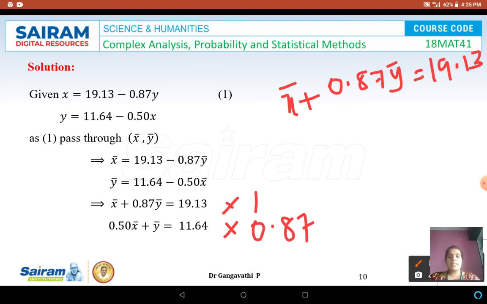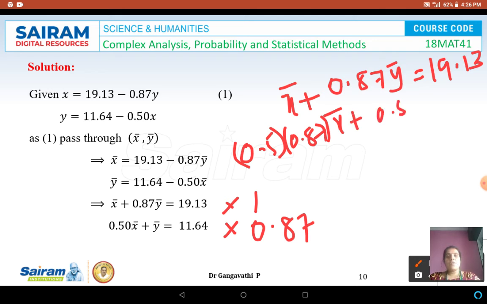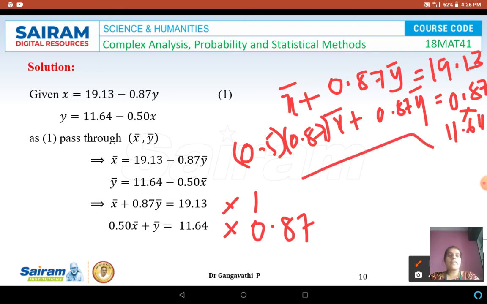The second equation will be 0.87 into 0.5 x bar plus 0.87 y bar is equal to 0.87 into 11.64. You can calculate and write the values. Now one is a positive value and the other is negative, so these two get cancelled on subtracting. And then we have x bar minus 0.5 into 0.87 x bar.